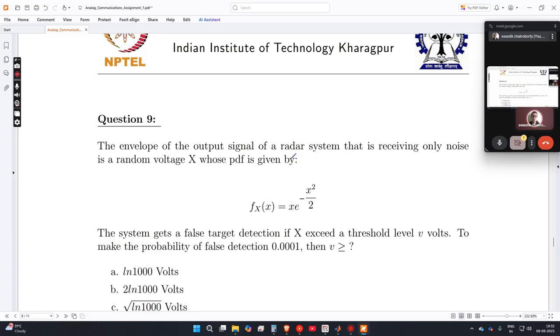The envelope of the output signal of a radar system that is receiving only noise is a random voltage x whose PDF is given as x e to the power minus x square by 2.